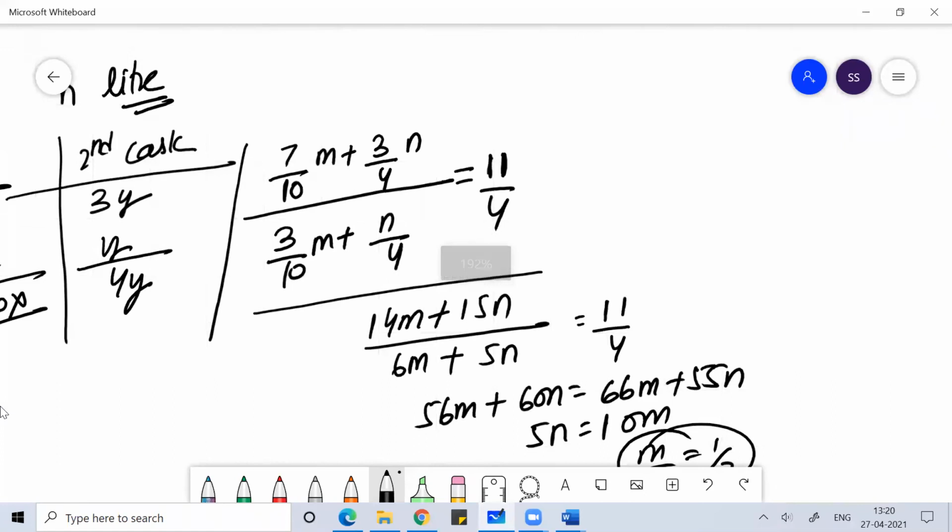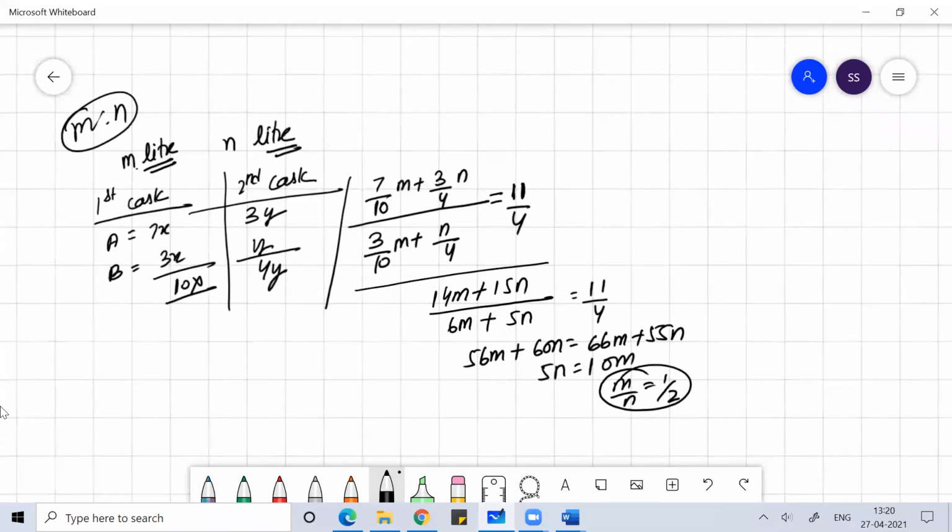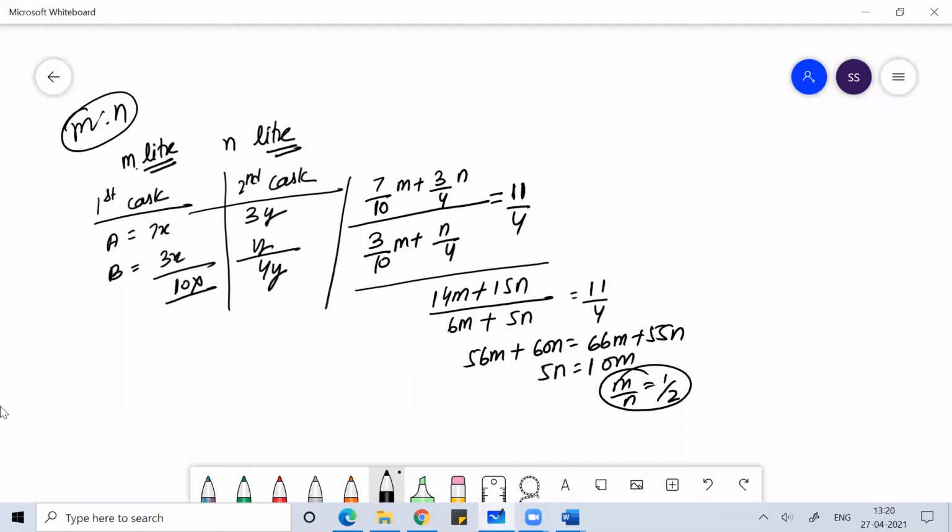There is also a shortcut formula for this kind of question. If you want, tell me, and I'll do it by that shortcut formula, if you don't like this way.